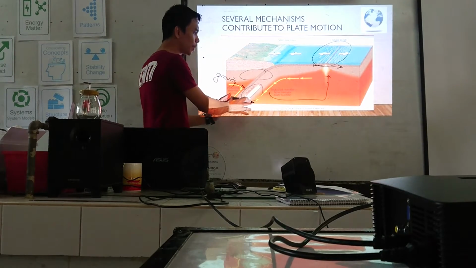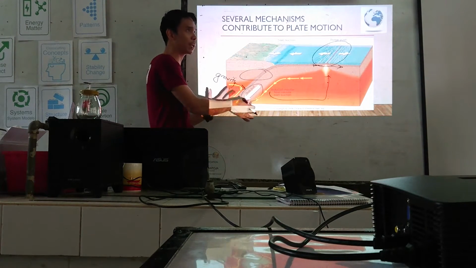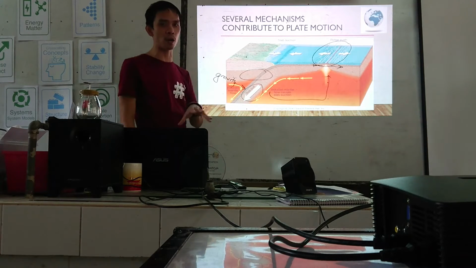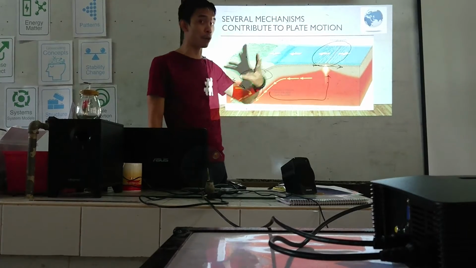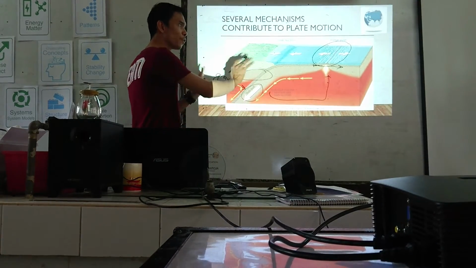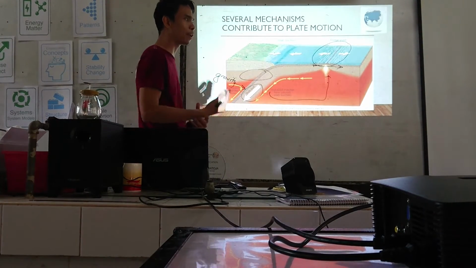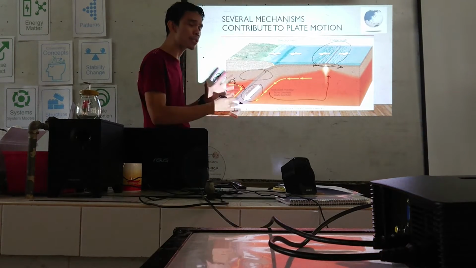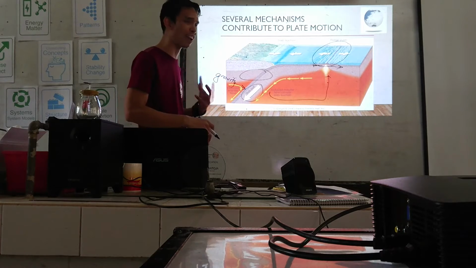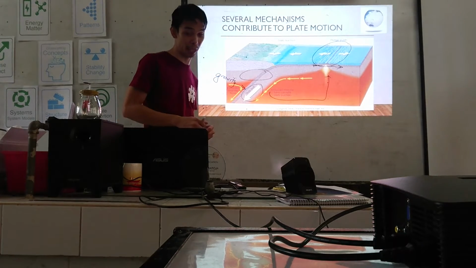So the slab pull on the subduction zone, mainly this subduction zone is found in the convergent boundary, and the ridge system is found on the divergent boundary. These two forces that we have right here drive the plate motion that Alfred didn't manage to find out.